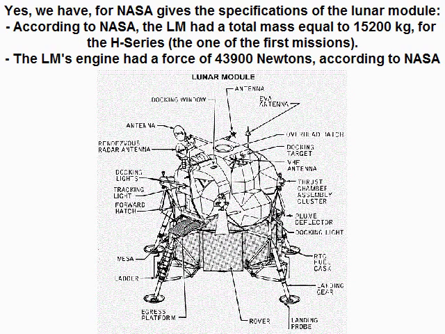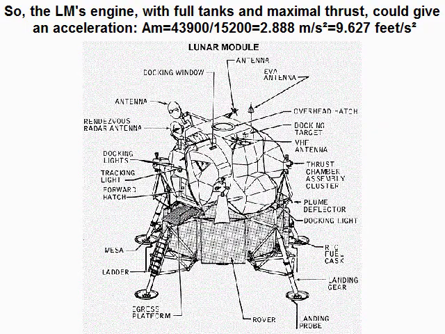The LM's engine had a force of 43900 newtons according to NASA. So the lunar module's engine, with full tanks and maximal thrust, could give an acceleration m equals 43900 divided by 1500 equals 2.888 meter by square seconds equals 9.627 feet per square seconds.